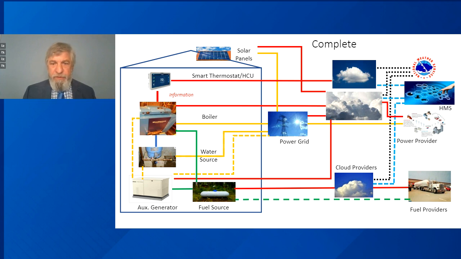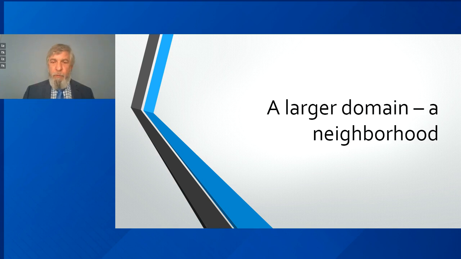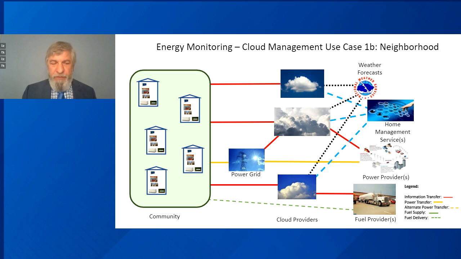The next image is, what if we took this out a few steps further, right? A larger domain, and we're going to look at a neighborhood, which consists of several of these houses in a community. We still have to maintain a certain level of fuel that goes into the community, but this time the fuel provider has data from each of the houses on how much fuel is in each tank and can decide when it's the right time to make an optimum delivery.